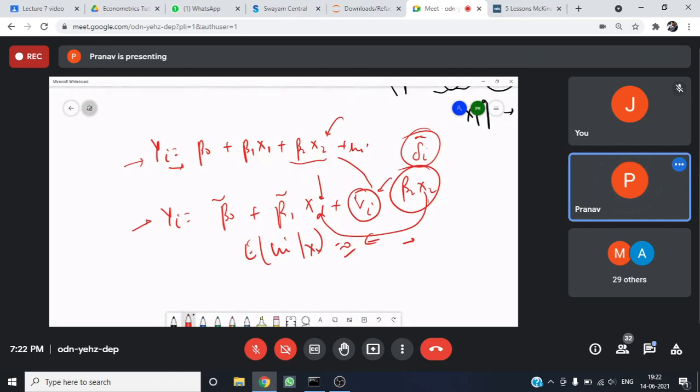So exclusion of an omitted variable leads to a problem in the unbiasedness property of the OLS estimator, and the bias that results from the exclusion of a relevant variable is called omitted variable bias.